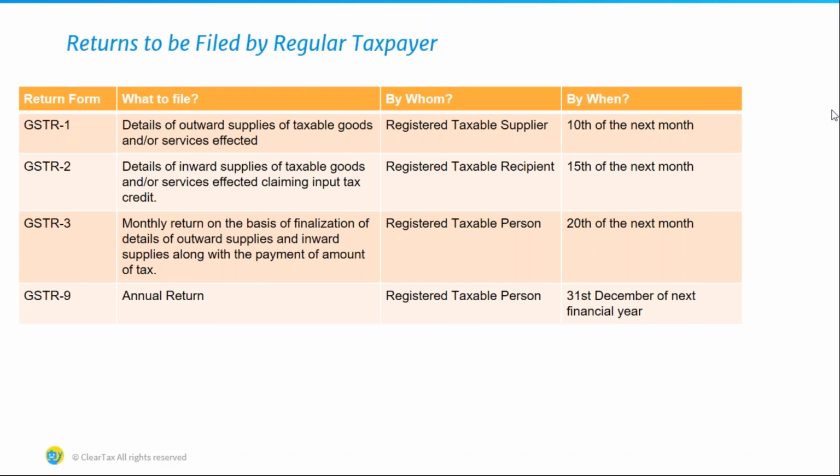So all you need to worry about is filing your GSTR 1 in time, and ensuring that all your purchases are included in GSTR 2, which is counterparty GSTR 1. And there can be scenarios wherein certain transactions are missed.